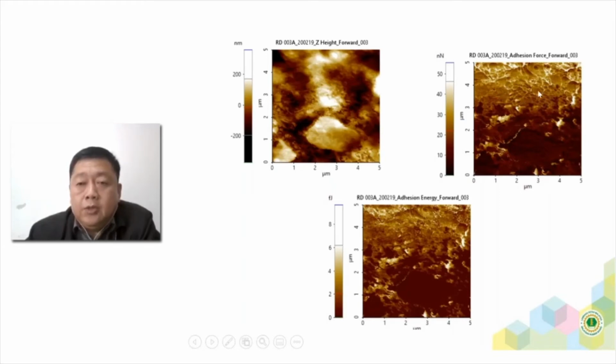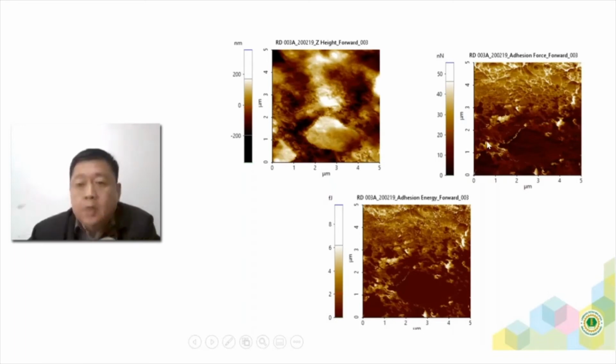It tells you where the very sticky parts are. The very bright spots here refer to some of the lower parts in between the coating material. So the sticky one is the natural rubber, the non-sticky one is the coating material, and the dark one, of course, is the foreign material here.